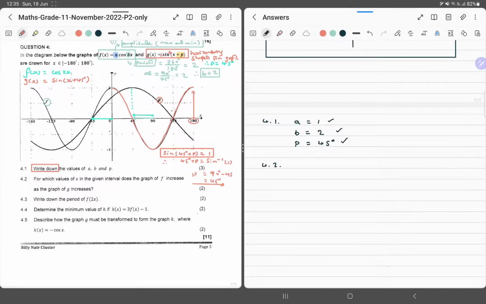Now it says for which values of x in the given interval does the graph of f increase as the graph of g also increases? Okay, so where do we see these ones increasing? Now, if you focus on this region here, look at this turning point, for example. At the turning points, the graphs are stationary.